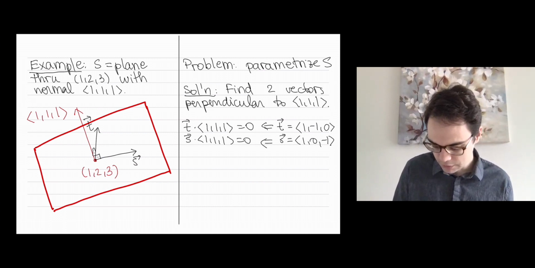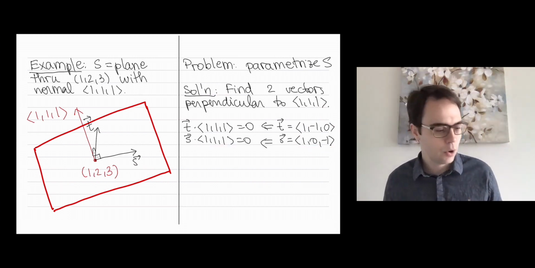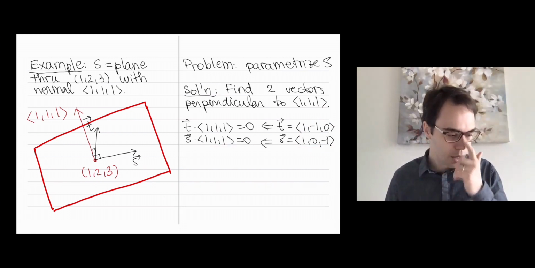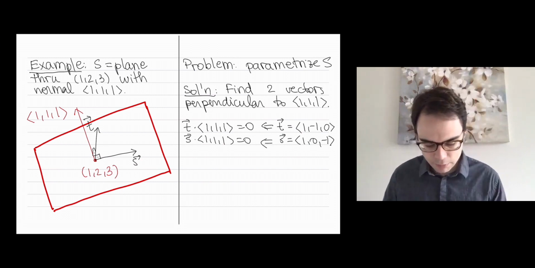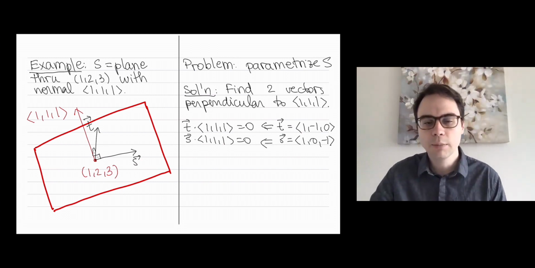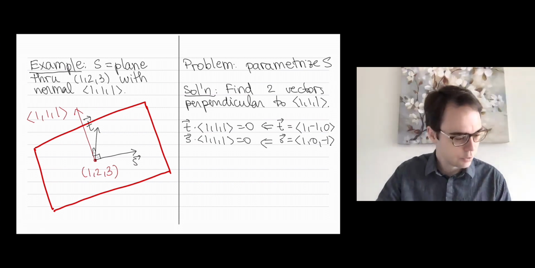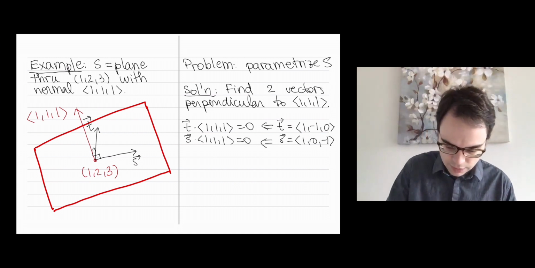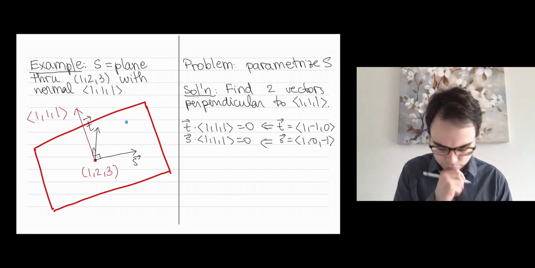It's not a multiple of T, and S dot product 1, 1, 1 still gives me 0. Okay, so I have these two vectors, and with them I can build the parametrization, right? If I have these two vectors, I can find any point on this plane. For example, let's say I'm interested in this point over here.